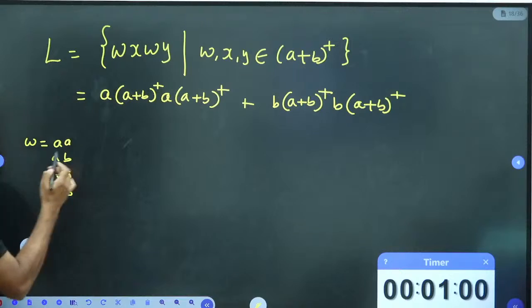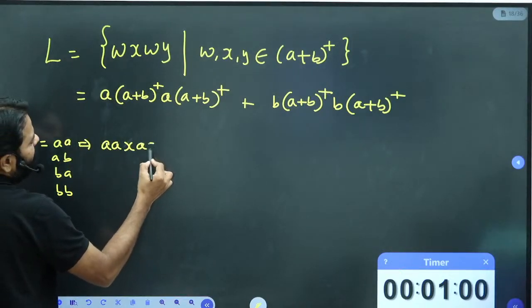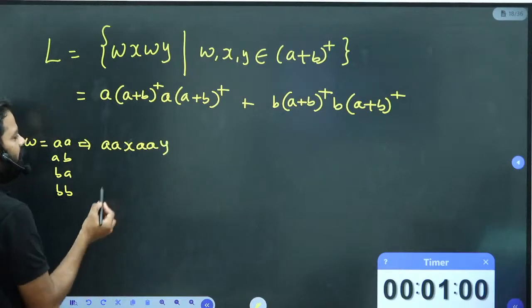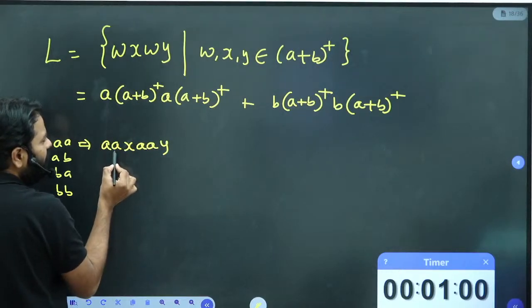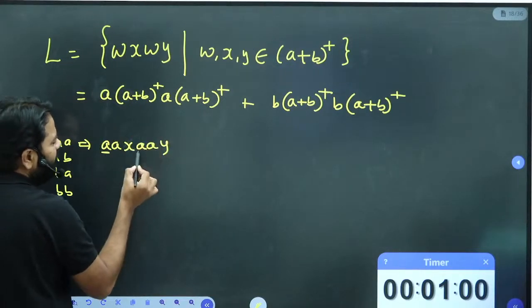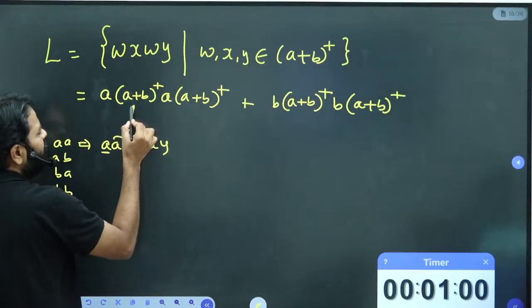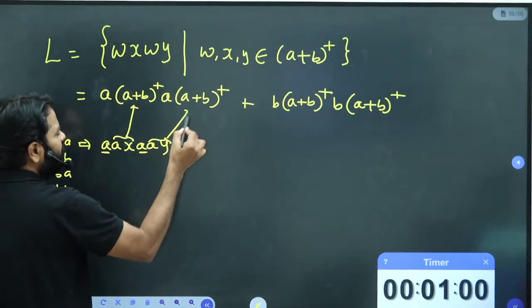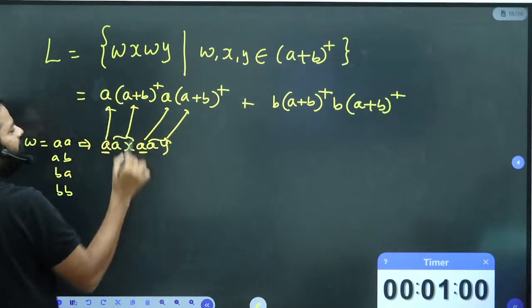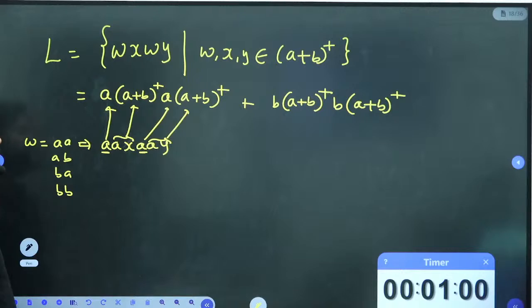If you put aa, what happens? a x, a y. Is it covered when I take this a, anywhere you can take, I'll take it here? This a x, is it covered already here? a y, is it covered? Definitely covered now. So this whole expression is covered in this.